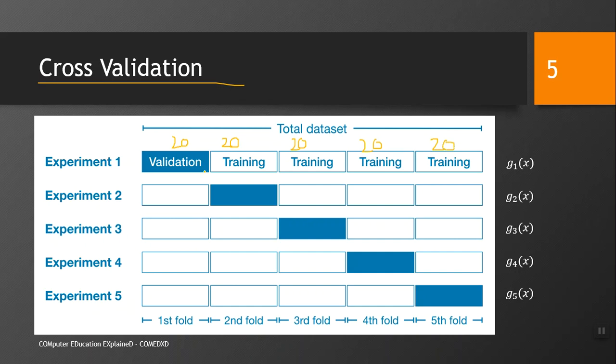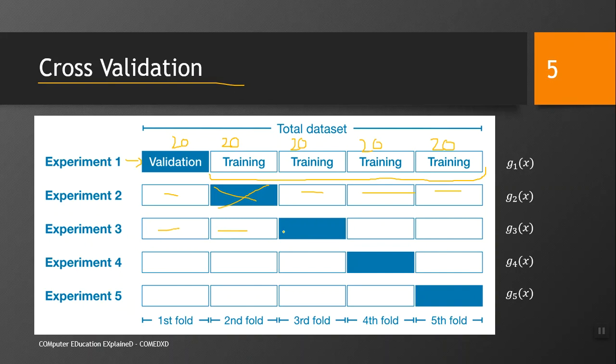We take one split, or one fold, for the validation, whereas we train our model on the remaining data set. Similarly, for the next experiment, we take the next 20 part for the validation, and we take all these white parts for the training and get the results, the predictions or the regression.